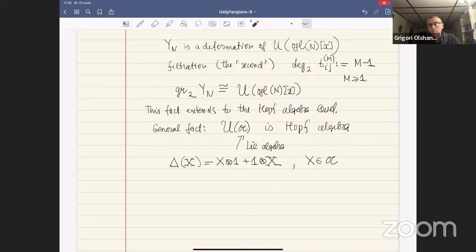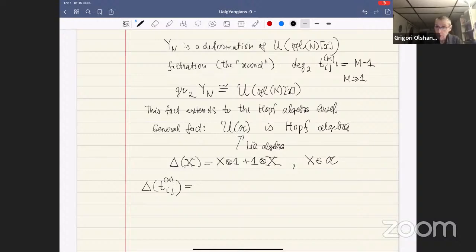How to see that after, if you descend to the level of the graded objects, this non-commutativity disappears. This is easy to see. Indeed, we have to look more in detail at the co-multiplication when applied to our generators.